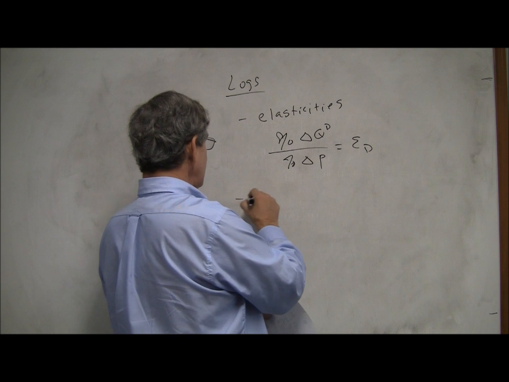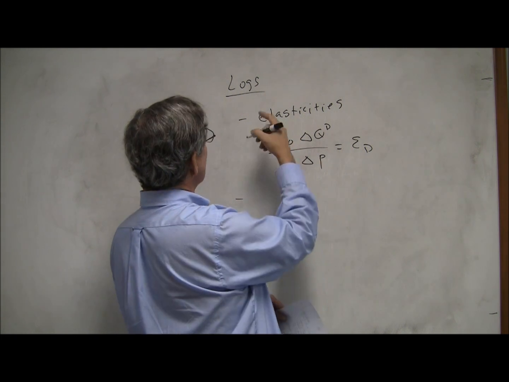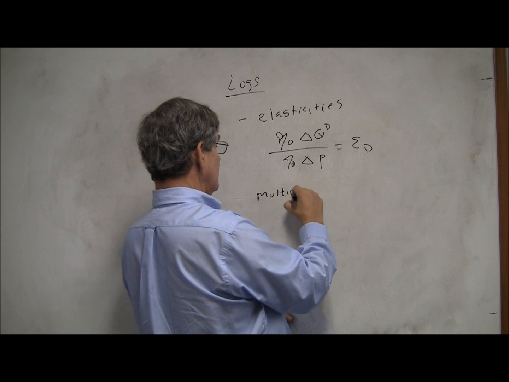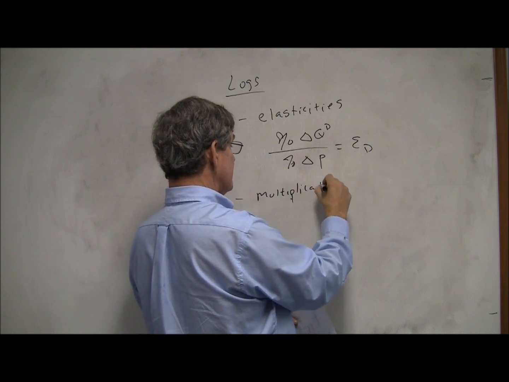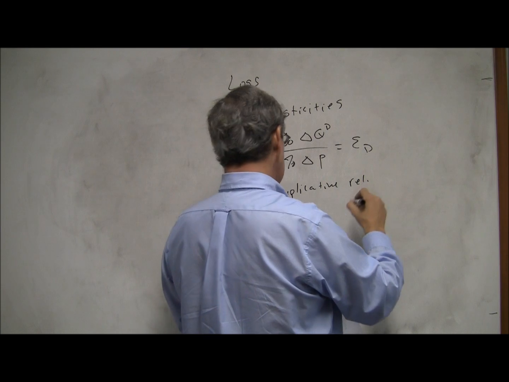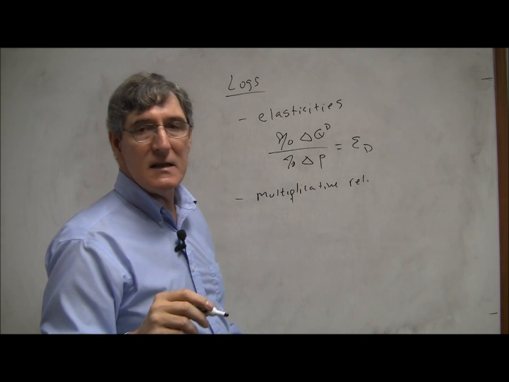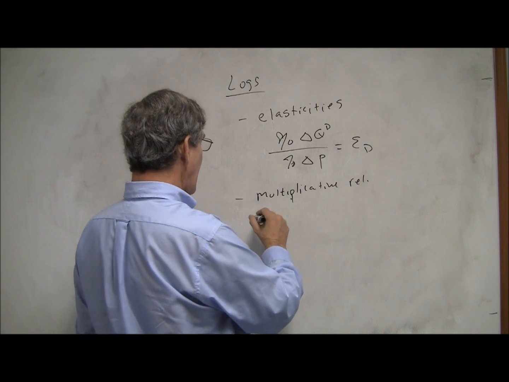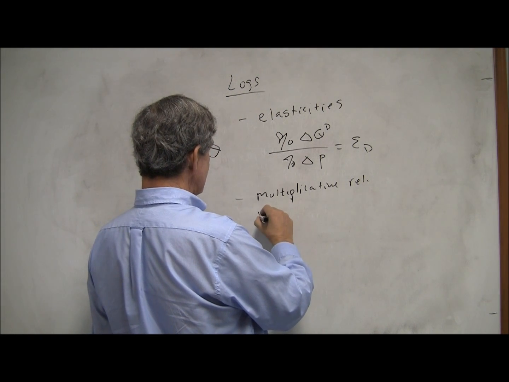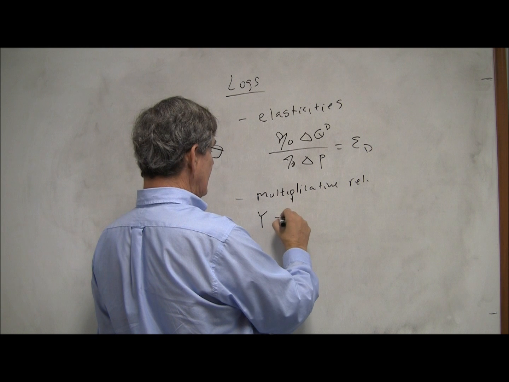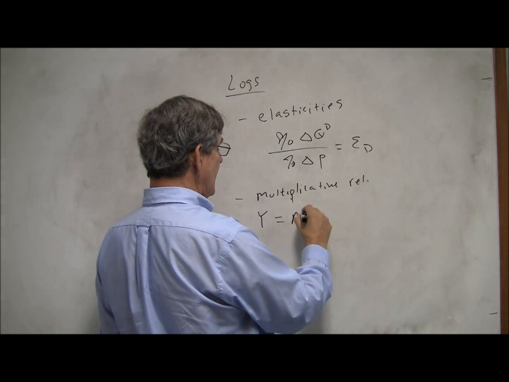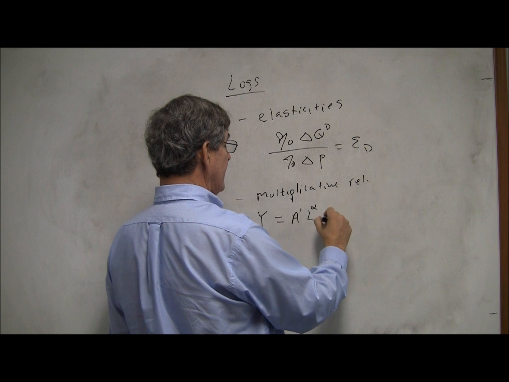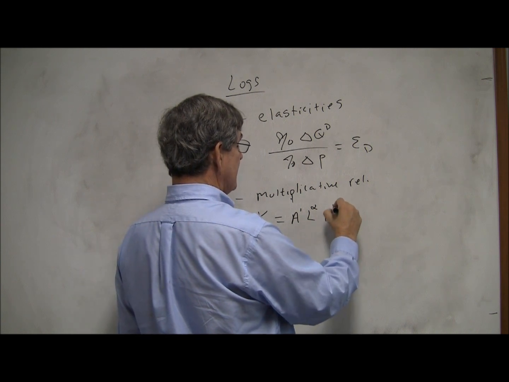And another reason logs are useful is when there's multiplicative relationships. For instance, if you keep taking economics, you will see something called a Cobb-Douglas production function that says output y is equal to some constant a, let me call it a prime, times labor to the alpha and capital to the beta.